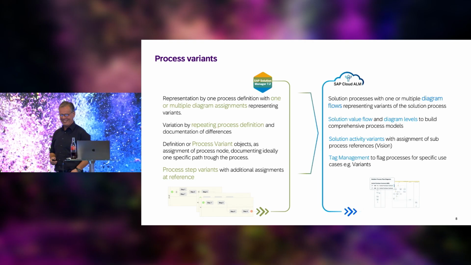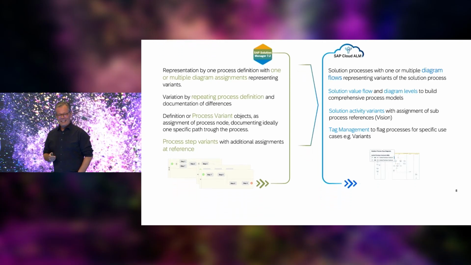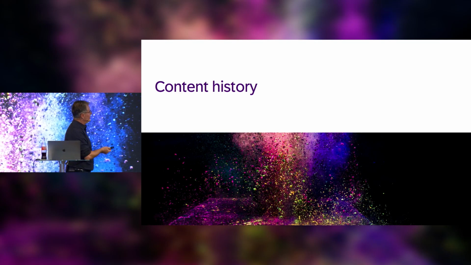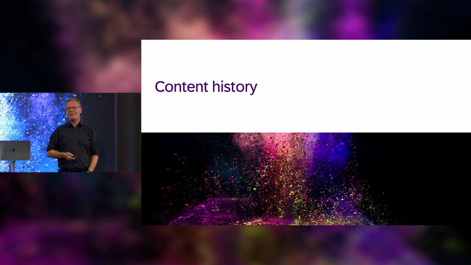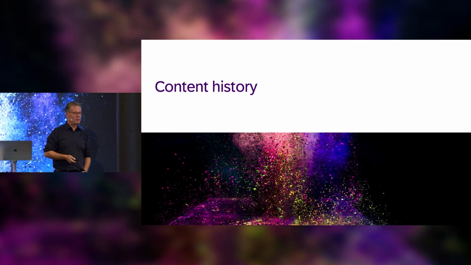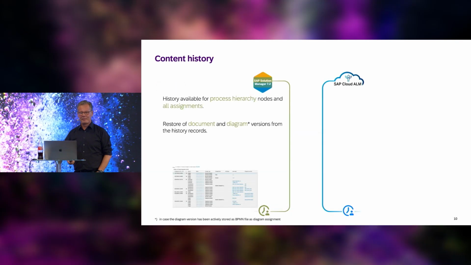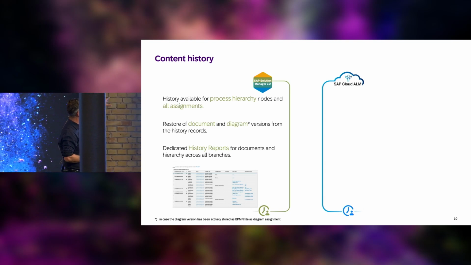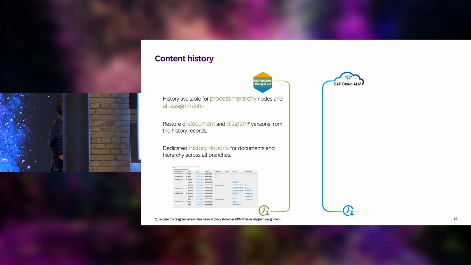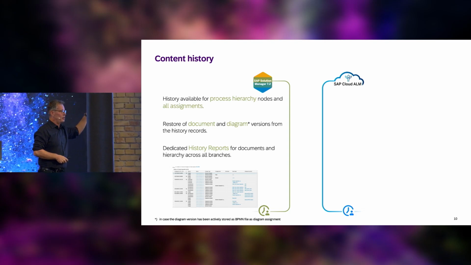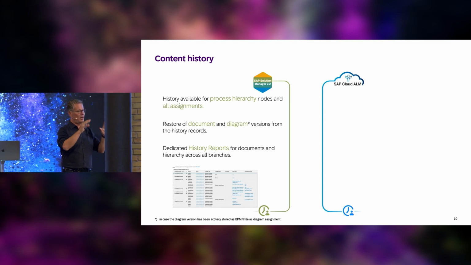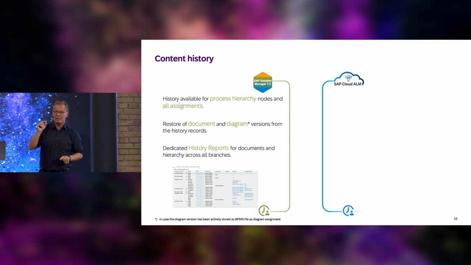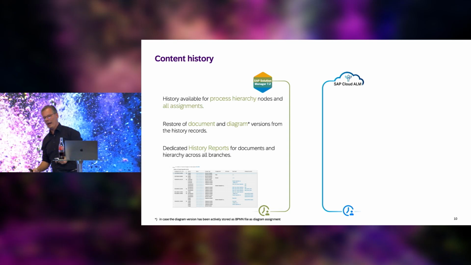Fantastic, isn't it? Now, let's talk about what we all love: content history. And we have a lot of that when you take a look into Solution Manager, because we are tracking everything. If you change hierarchy, if you create hierarchy, we record that in the background. And for all elements in the hierarchy, you can right-click, show me the history, and you immediately see who changed what, when, why.